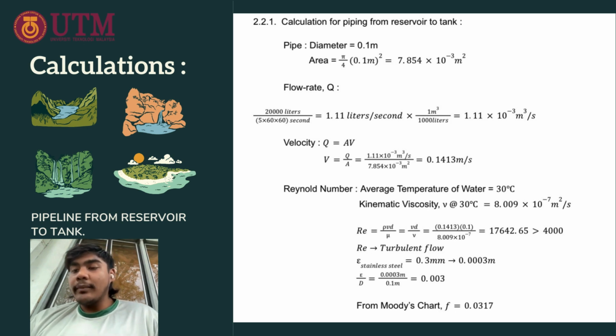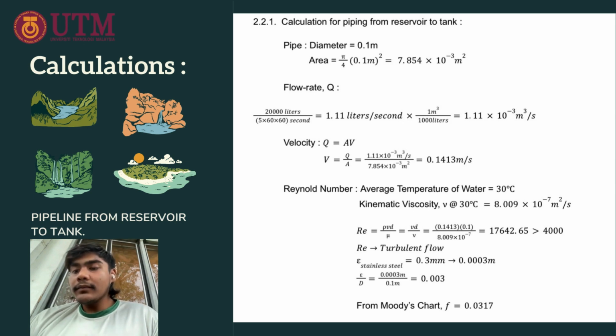To calculate the Reynolds number, we use the formula of Re equal to VD divided by nu, and after we calculate, we got our Reynolds number is 17,642.65. This is more than 4,000. So our flow is the turbulent flow.